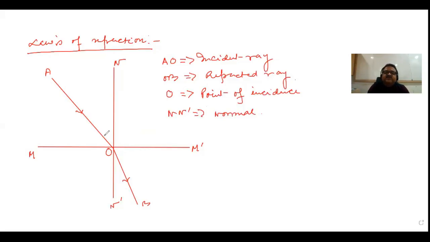Now, this is, say for example, i, and this is r. i in this case is called the angle of incidence. r is called the angle of refraction.